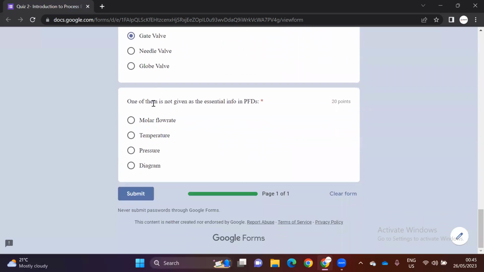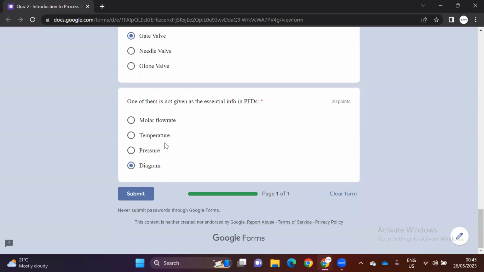Next and last one. One of them is not given as essential info in PFDs. In PFDs, as brief information, we said there are two types of information given on these diagrams. The first one is essential and must be given. They are operating conditions, temperature, pressure, and also the diagram itself.